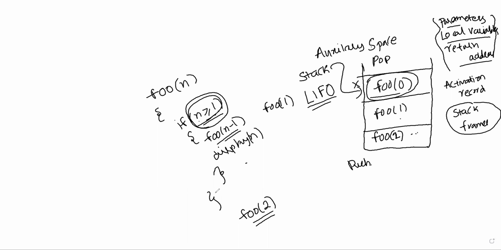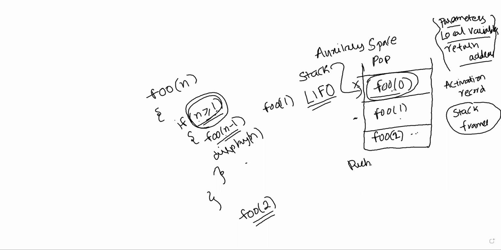We see there is nothing to do, so we remove this. What is foo of 1 here? Yes, 1 is greater than or equal to 1. So now it goes inside and appends one more stack frame called foo of 0.